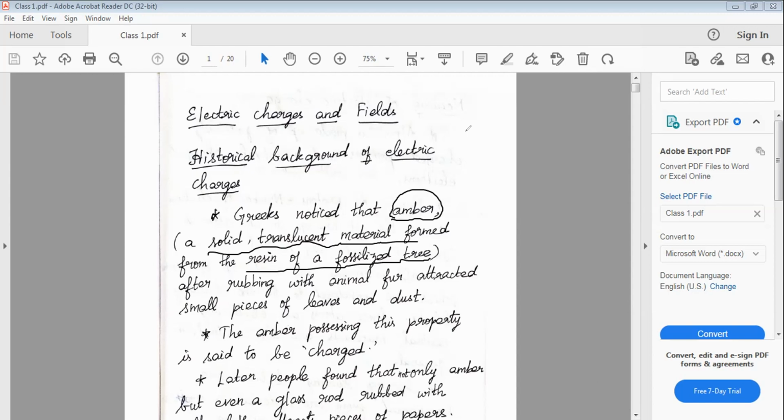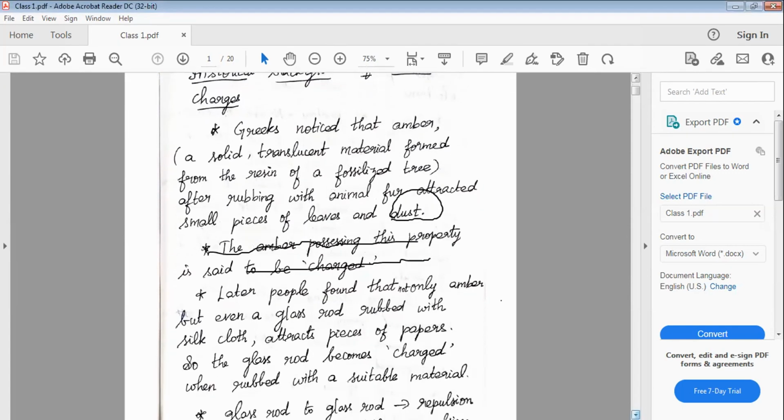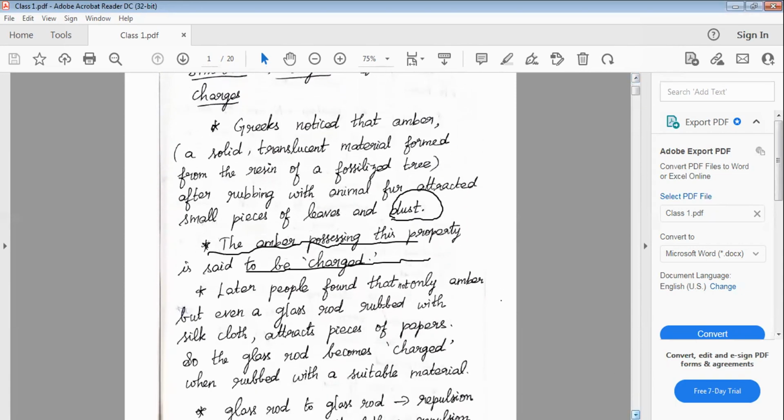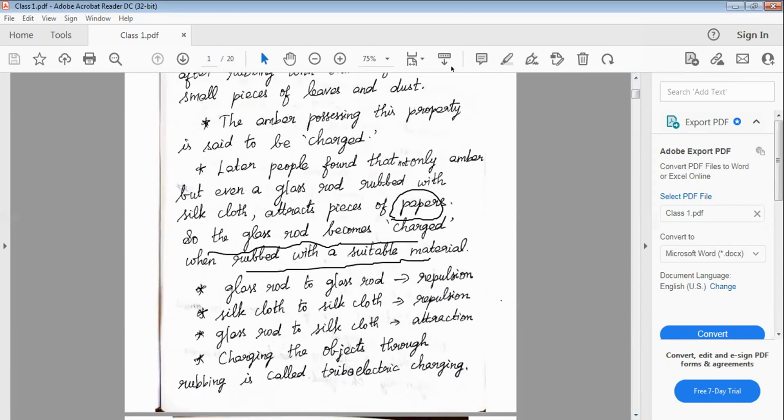This surprised those people, and not only amber but many other materials, for example this glass rod.